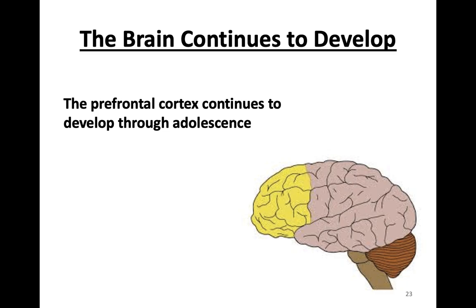When we're first born, most of our gray matter, which is the body of our neurons, is in the primary sensorimotor cortex, and it's not until we mature that our prefrontal cortex matures.